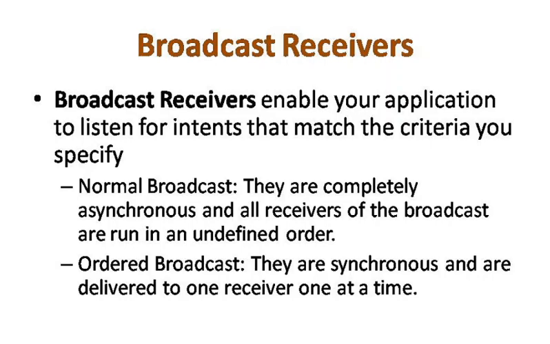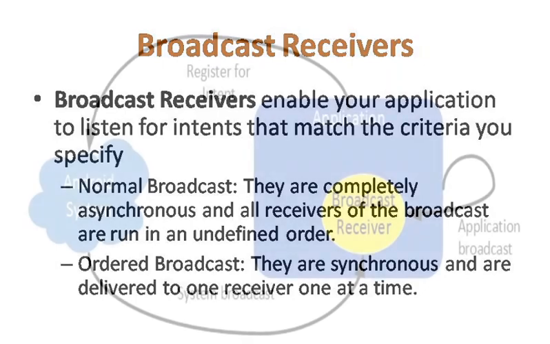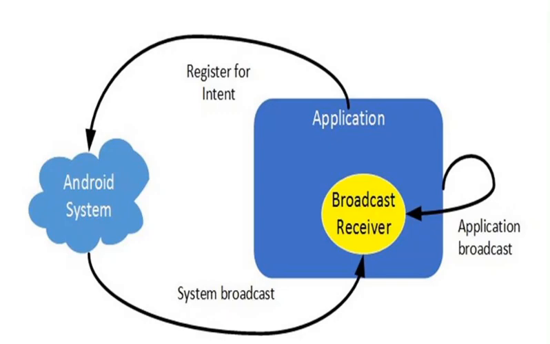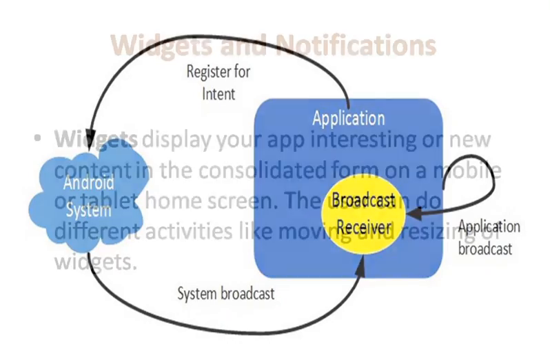Normal broadcasts are completely asynchronous, and all the receivers of the broadcast run in an undefined order. Ordered broadcasts are synchronous and are delivered to one receiver at a time. Here we have a figurative representation of the broadcast receiver and the Android system.